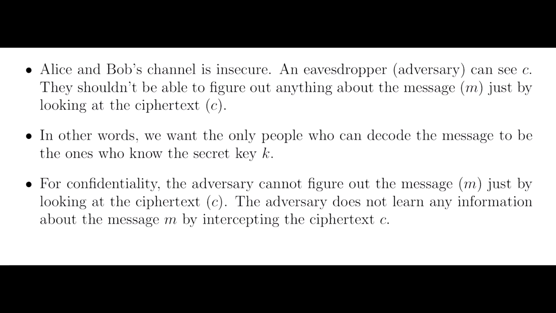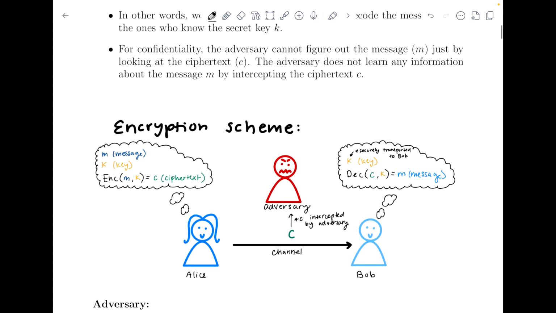An eavesdropper can see the ciphertext. They just shouldn't be able to figure out anything about the message just by looking at that ciphertext. In other words, we want only the people who can decode the message to be the ones who know the secret key. So confidentiality basically means that the adversary here in the center cannot figure out the message just by looking at the ciphertext.